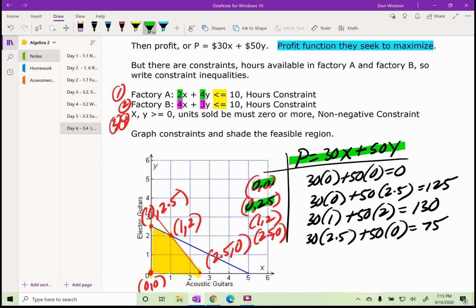When x is 1 and y is 2 for that corner point, I get the value 130. And then when x is 2.5 and y is 0 for that corner point, I get 75. Okay, so Ace guitars then, if they want to maximize profit, they would produce 1 acoustic guitar and 2 electric guitars. And there they would maximize profit.